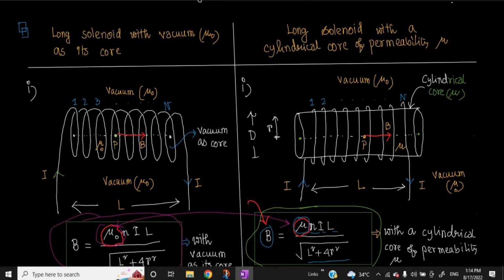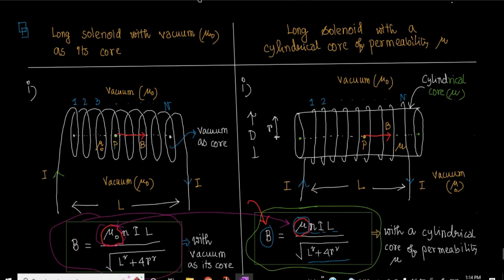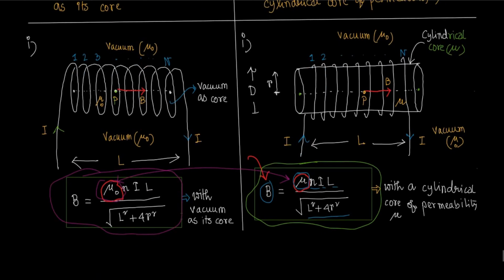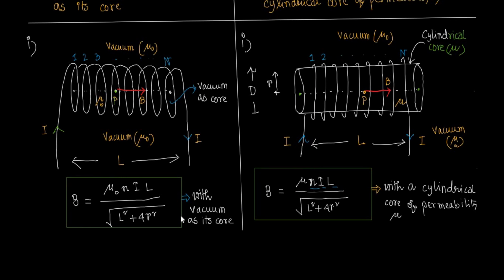That is the comparison between the solenoid with vacuum as its core and a solenoid with a cylindrical core having magnetic permeability. And that was for a solenoid having finite length.